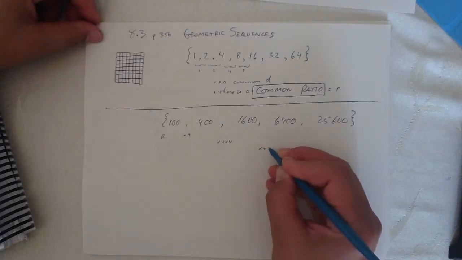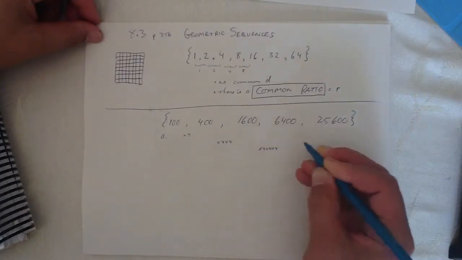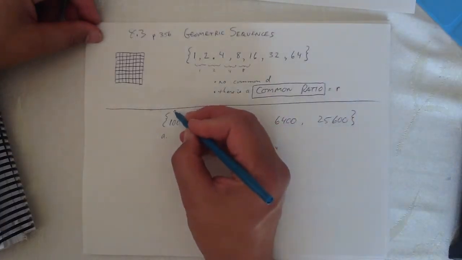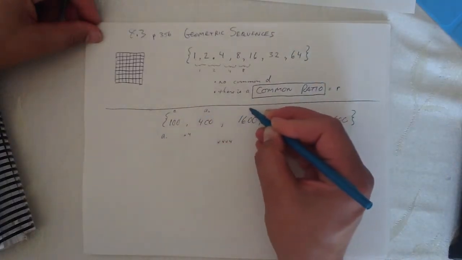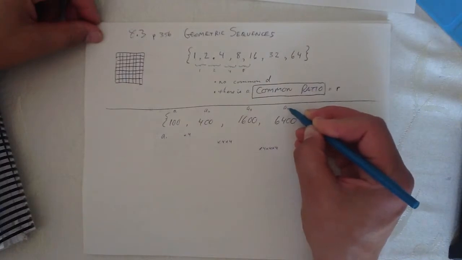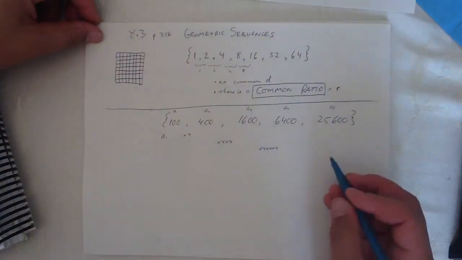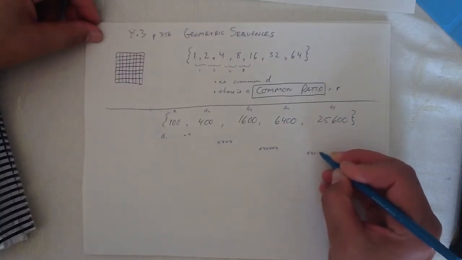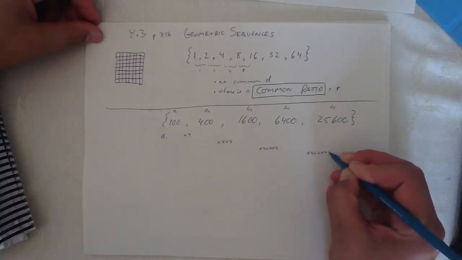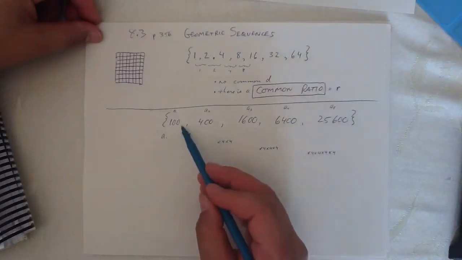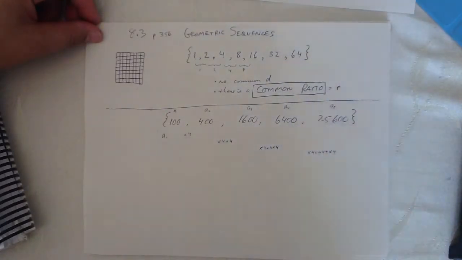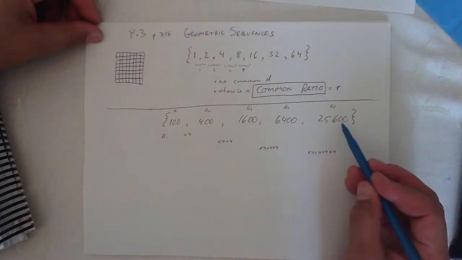A1 times 4 times 4 times 4 gives us A4. This is A1, A2, A3, A4, and A5. And we have to multiply A1 times 4 times 4 times 4 times 4. That's what that's all about in order to get A5.